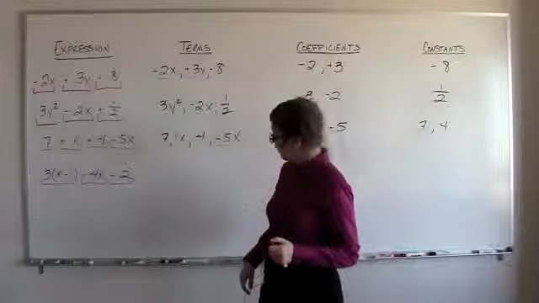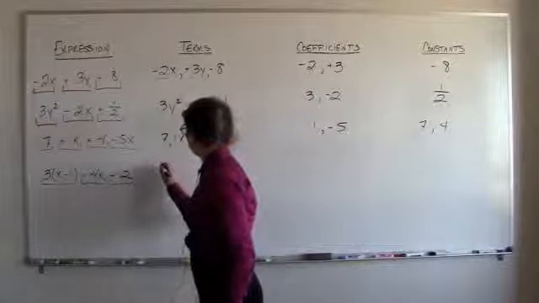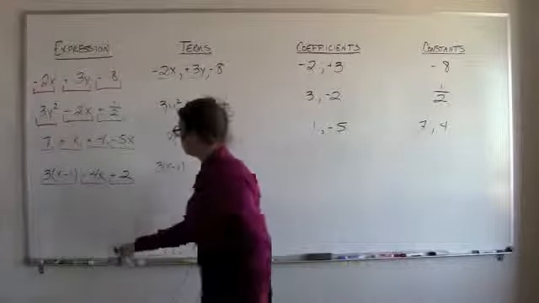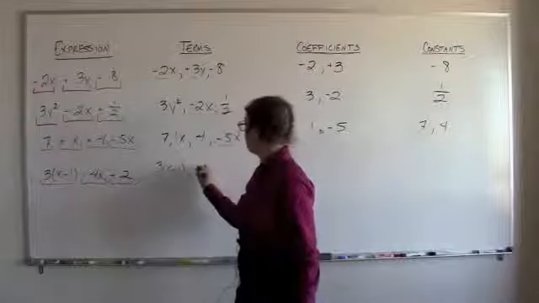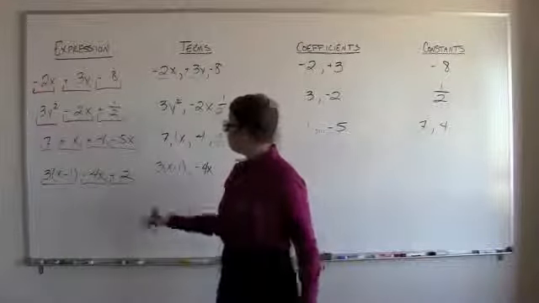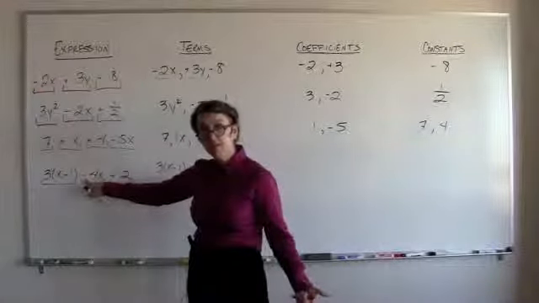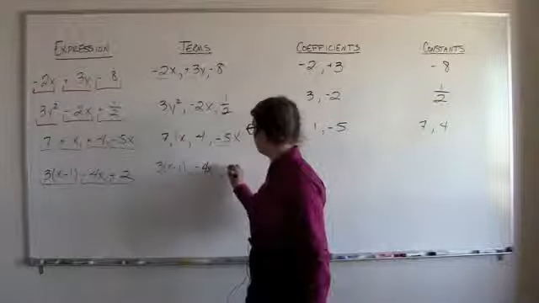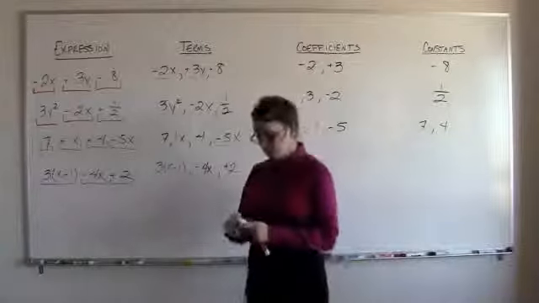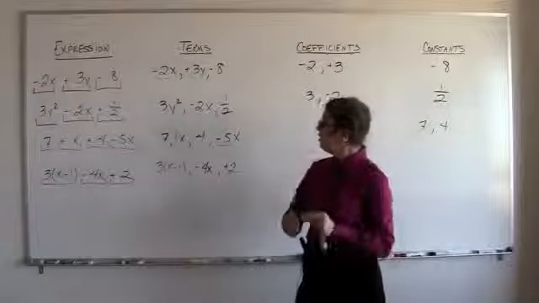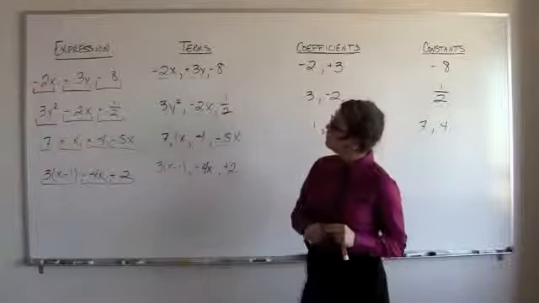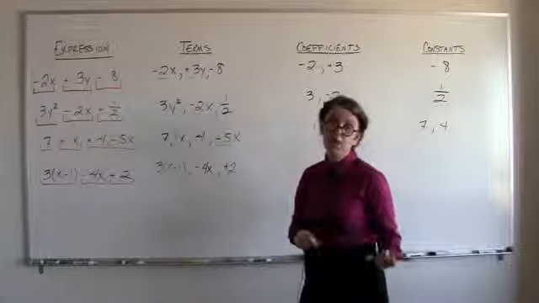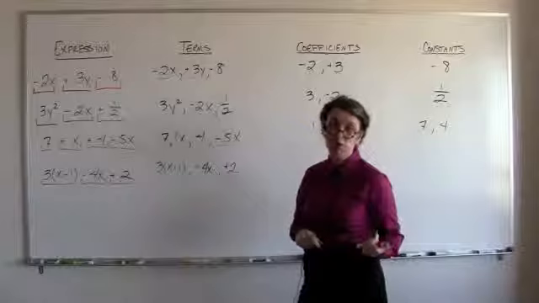So the 3 terms up here are 3 times the quantity x minus 1, negative 4x, because remember, whatever sign is to the left of a number belongs to that number, and a positive 2. So the terms here, okay, we got 3 terms, and now we got to pick out the numerical coefficients.